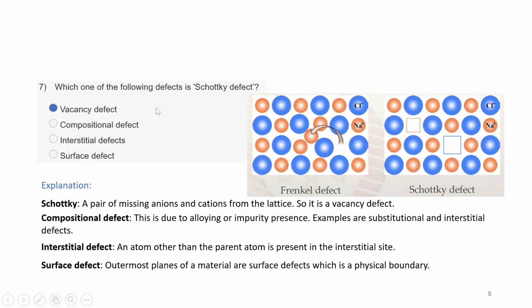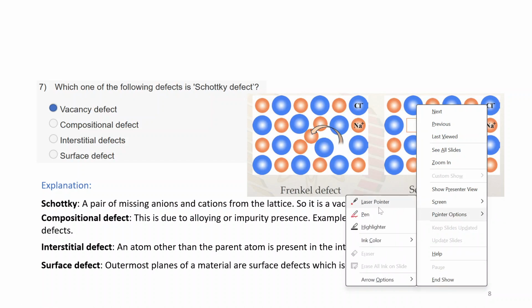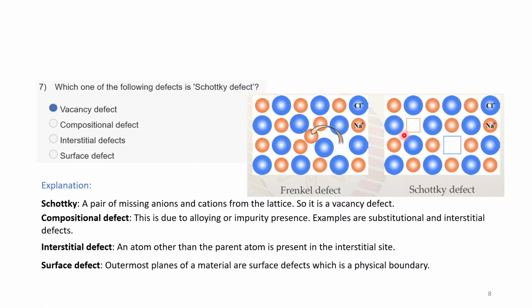Here you can see in case of Schottky defect, anion and cation both will be vacant, so there will be a decrease in density of your ionic solid. It is a pair of missing anions and cations from the lattice, so it is a vacancy defect.